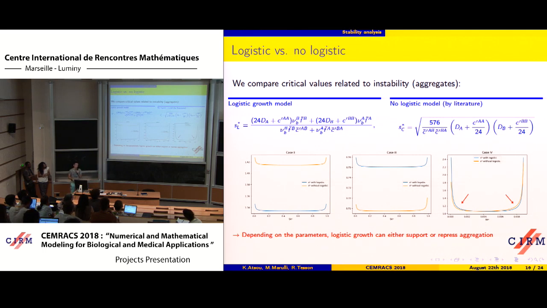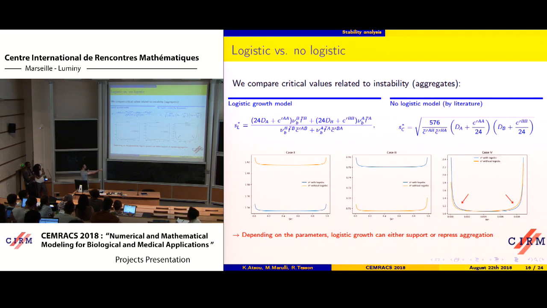What we have found is that there is not a really easy way to compare the two, because all cases are possible. In the plots, in red you have this one, and in blue you have this one. You can see that with some parameters the red one is greater than the blue one, but you can also have the contrary, the blue one greater than the red one.